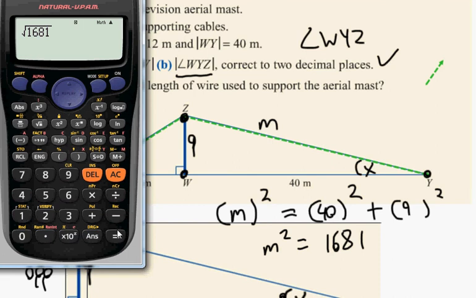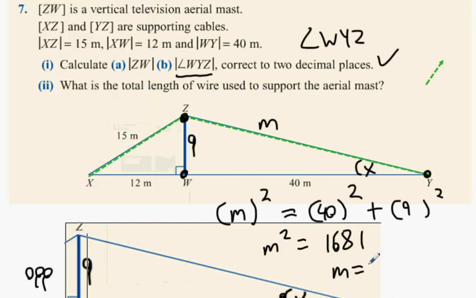Who said 41? Well done, Barry. M equals 41. So this one is 41 meters long. So what is the total length of the two green wires now? 15 plus 41, which is 56 meters. Okay, good man.